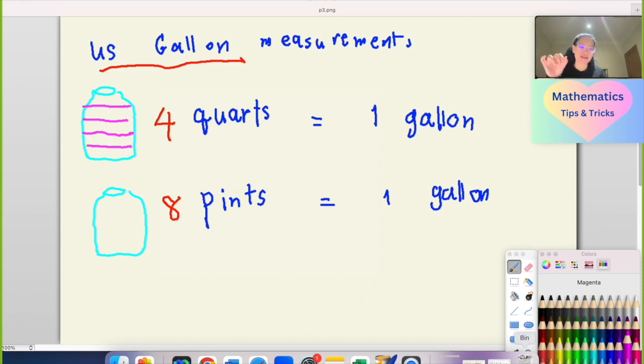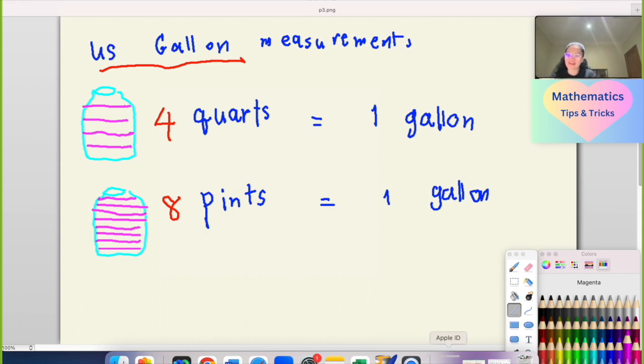But 8 pints equal a gallon, so that means we divide it like this. This one is 4 but we put more: 1, 2, 3, 4, 5, 6, 7, 8. How about the last one?